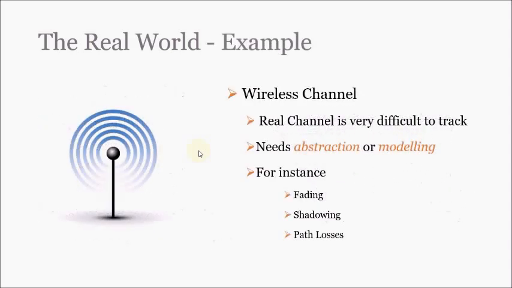We illustrate this with the example shown here. This situation is a wireless channel where an antenna radiates energy, electromagnetic waves, and we want to study what effect the wireless channel or the wireless environment has on these transmitted EM waves.